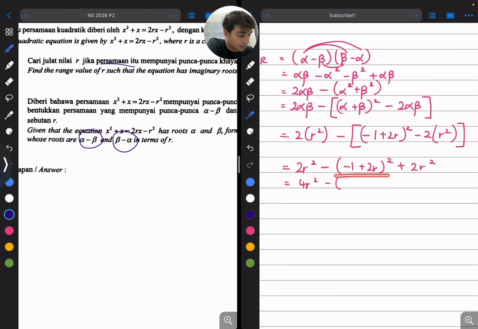Minus, let's expand this. -1 square is 1, -2 times 2r is -4r, then 2r square we get 4r square.